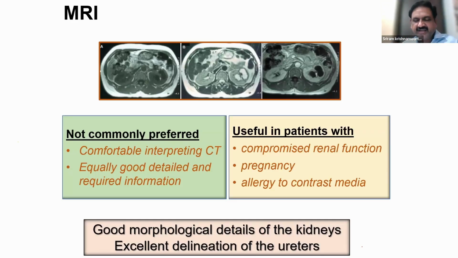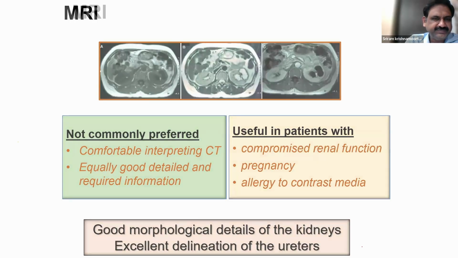In such patients, the best will be to go for an MRI, because the plain MRI itself, with T2 weighted images, will give you something like a contrast. On top of that, if there is a possibility, you can do a Gado enhanced MRI also. But even without a Gado enhanced MRI, we will still be able to get all the adequate information that is required with the plain MRI itself. Next slide, please. Next slide.